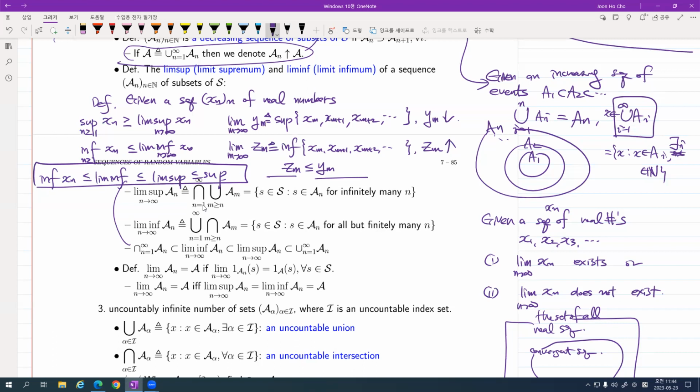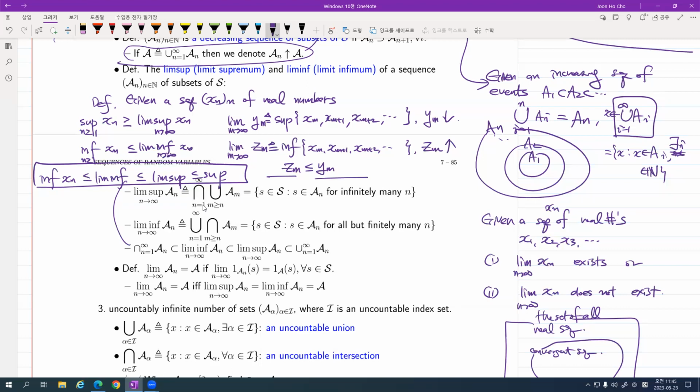Let me see. Yeah, something's missing. Just a second. Where is inf, by the way? I believe I forgot something. Just a second. Wikipedia, I need to see. Yeah, it seems that my memory deteriorates every time.